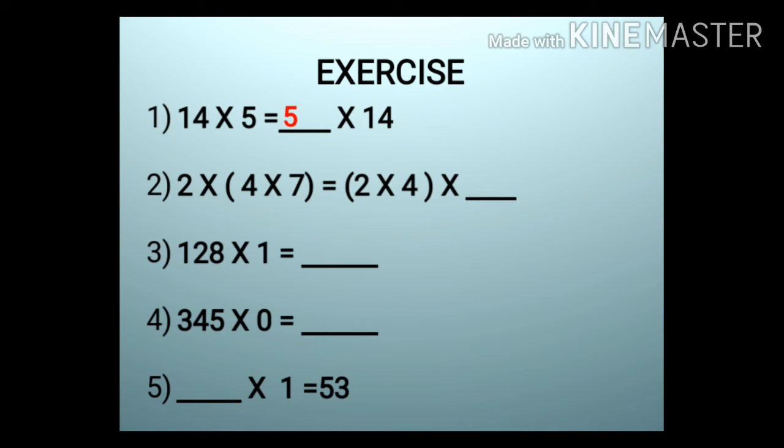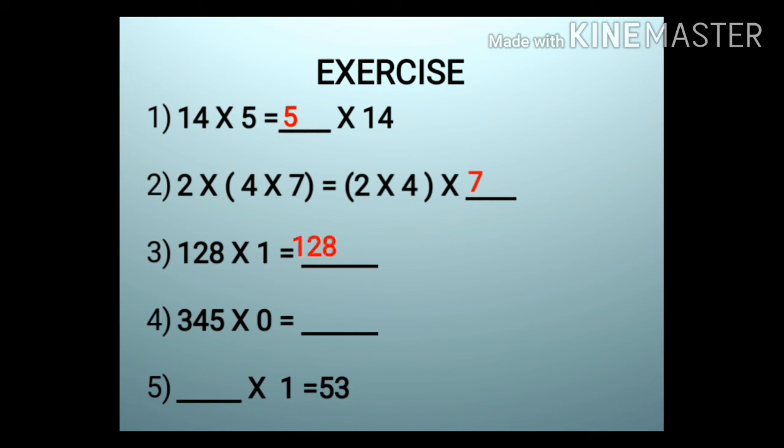Now let us see the second problem. Here you can see the grouping: 2 into 4 into 7 is grouped together, and it is equal to 2 into 4, that means the numbers 2 and 4 are grouped. So what will be the remaining number? Yes, that is 7.